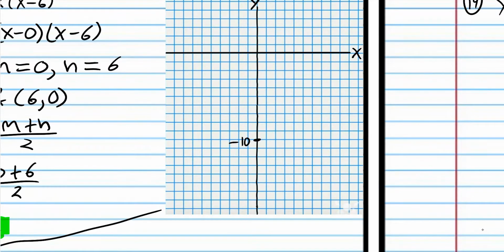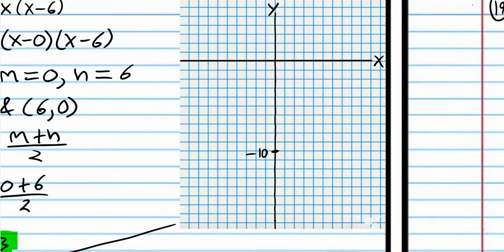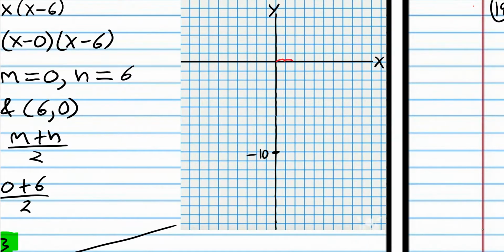is the vertex coordinates. 1, 2, 3, 1 all the way down to 10, and then 11, 12, 13, 14, 15, 16, 17, 18. So that's the vertex, 3, negative 18.